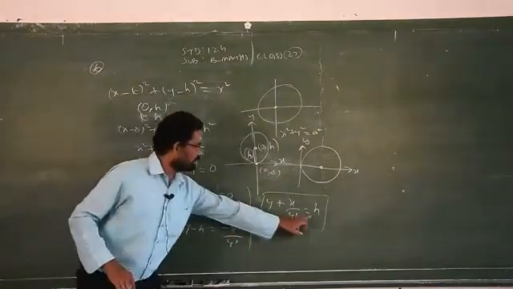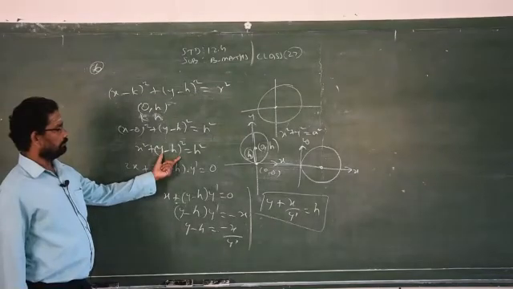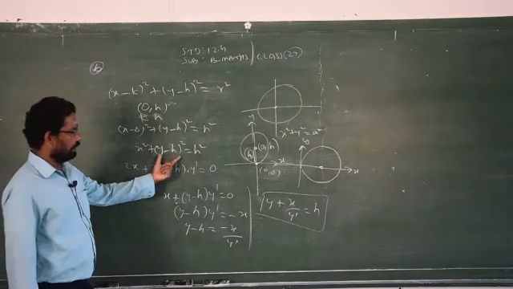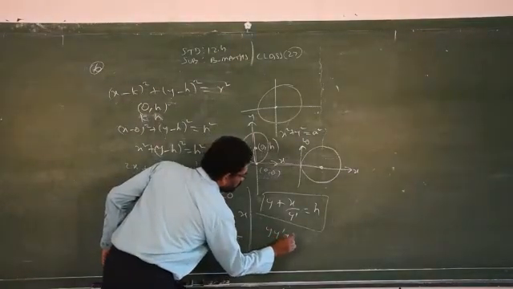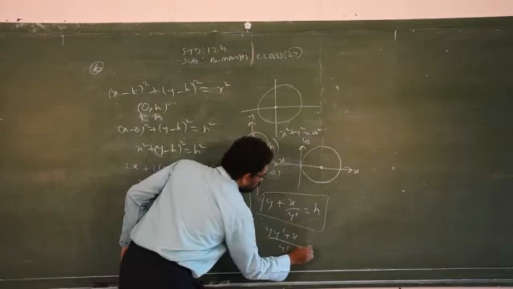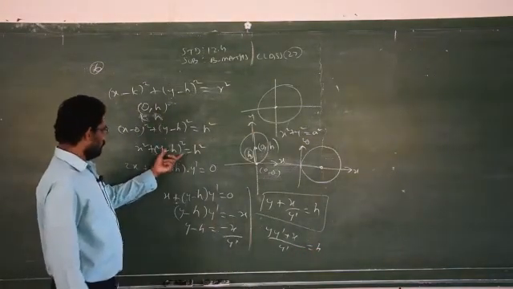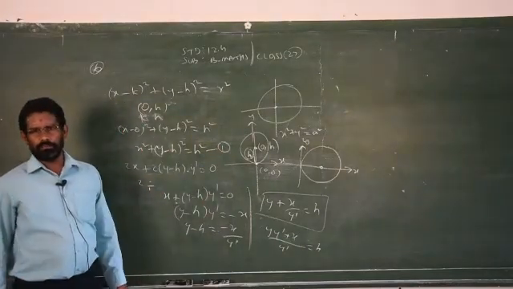Just replace this h value in where? You have to replace here. Clear? Even if you simplify, that is y dash plus x by y dash is equal to h. So replace this value in the place of h in equation number 1 and simplify.